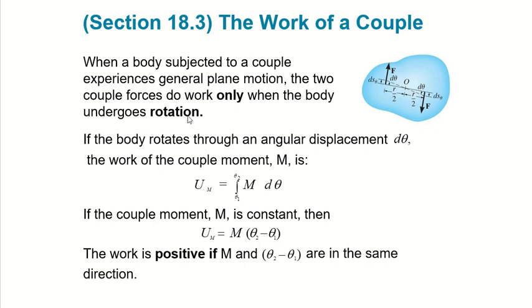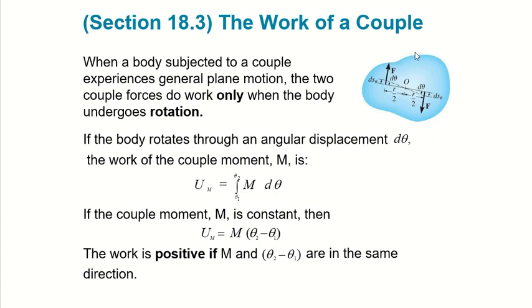When you think about the work done by the couple forces, they only work when that body is going through rotation, going like that. Otherwise, it won't. When the rotation is zero, there won't be any kind of work because these couple forces are not working.